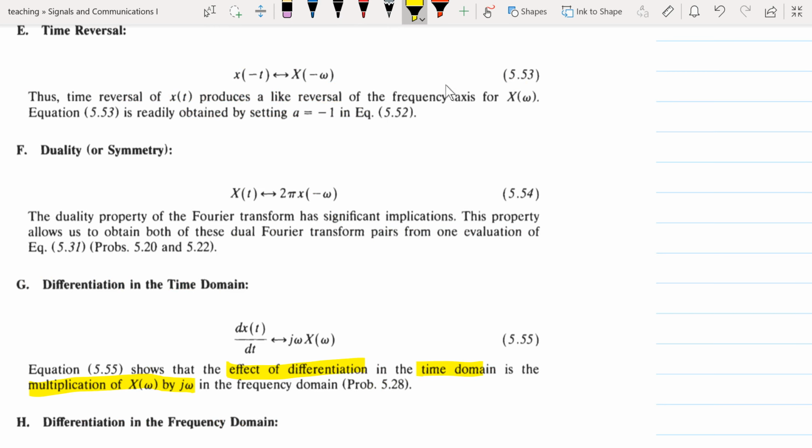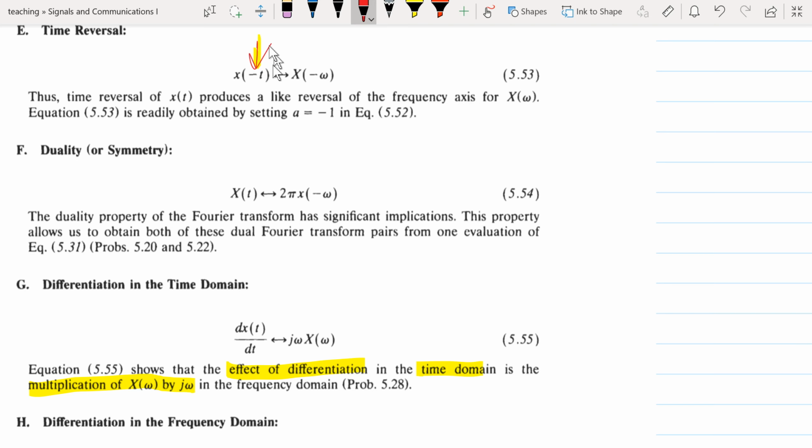Another very significant property is the one that we refer to as time reversal. Time reversal says that if you reverse time in the time domain, you get a similar reversal in the frequency domain.